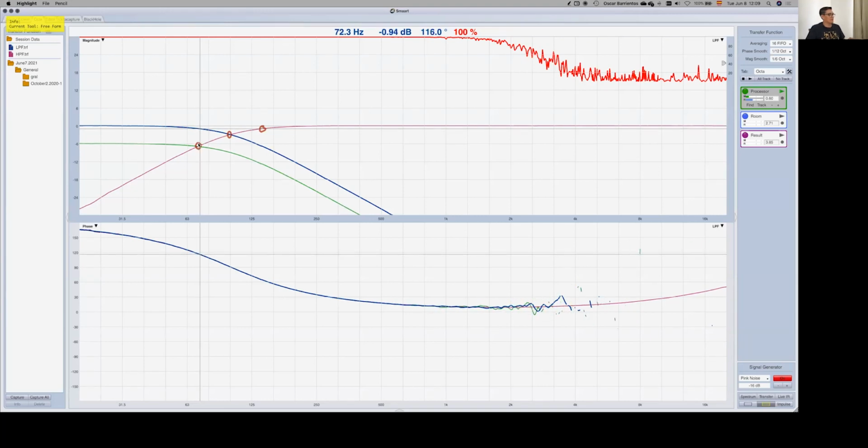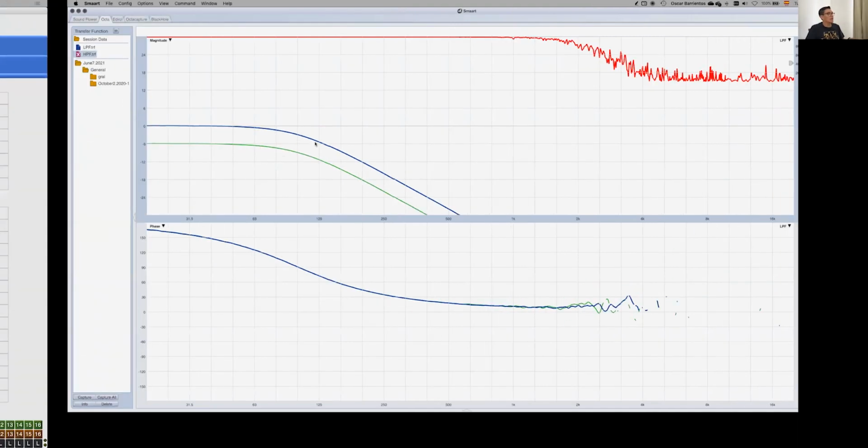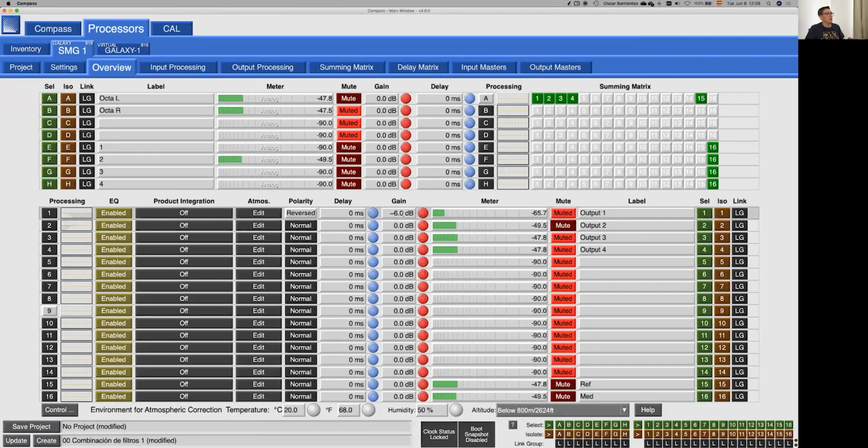So that is a consequence that we are seeing right now. And if we do the same, not using the low pass filter, but the high pass filter, I'm going to just remove this, and I'm going to change the level now for the high pass filter.